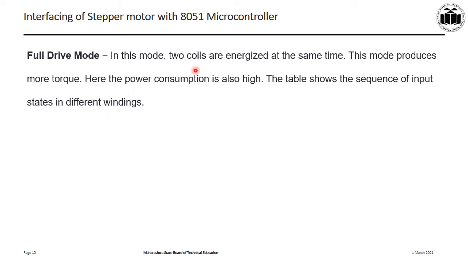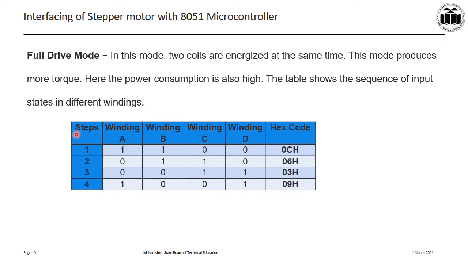In this mode, 2 coils are energized at the same time. This mode produces more torque and hence power consumption is also high. You will see the table. So if you see here, A and B windings are energized simultaneously. C and D are not. Then B and C are energized.